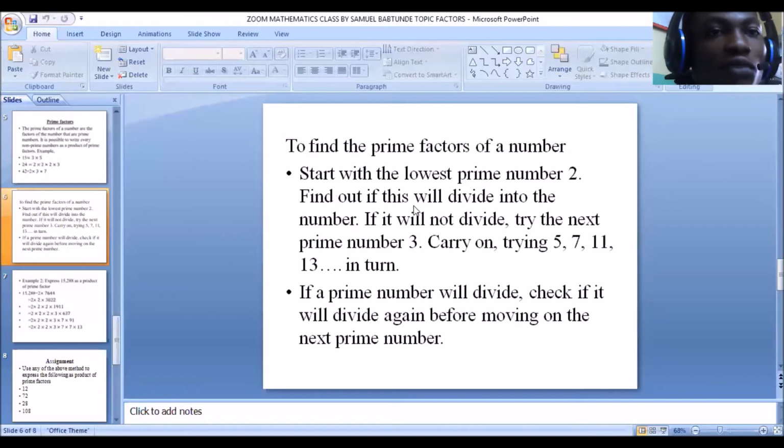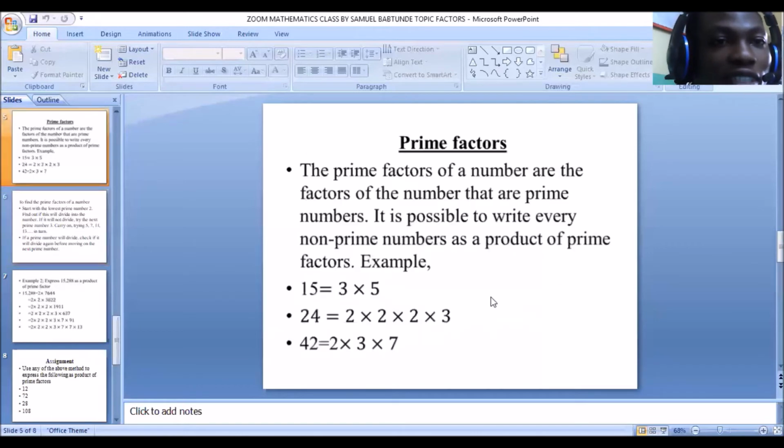Find out if this will divide into the number. If it will not, you go to the next prime number, which is 3. Now the second point says if a prime number will divide, check again if it can divide it before moving to the next prime number.